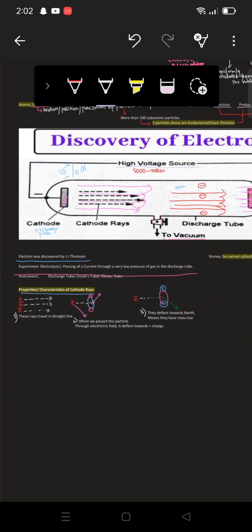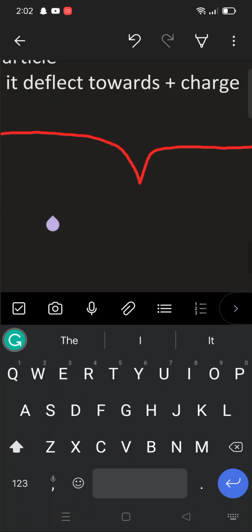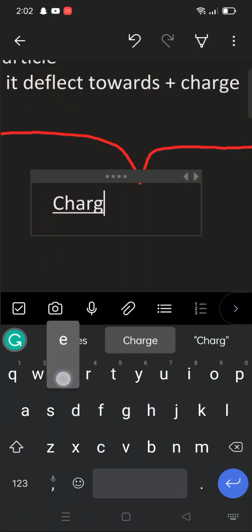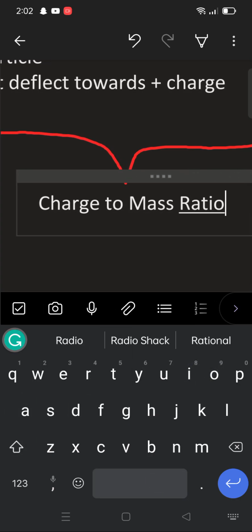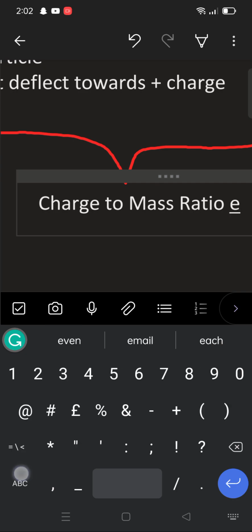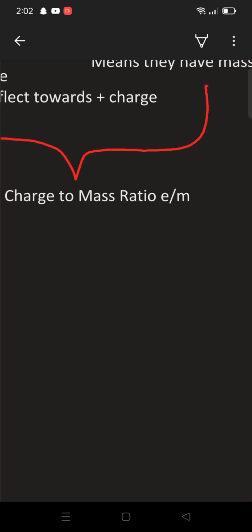Now the ratio of charge and mass, we call it e/m, the charge to mass ratio. E is the charge on the electron, and m represents the mass, which means it is the charge to mass ratio.